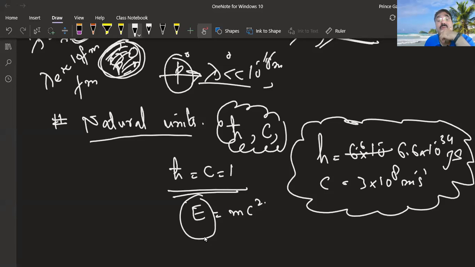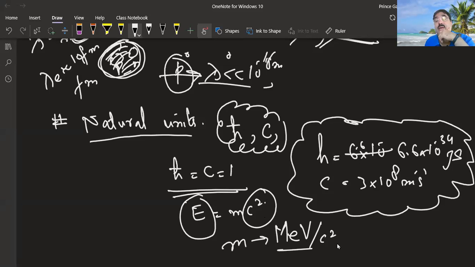In the natural system, E is measured in energy, and c squared is unity, it's one. So m is always measured in million electron volts per c squared, or million electron volts, or giga electron volts for higher energy. This you must keep in mind.